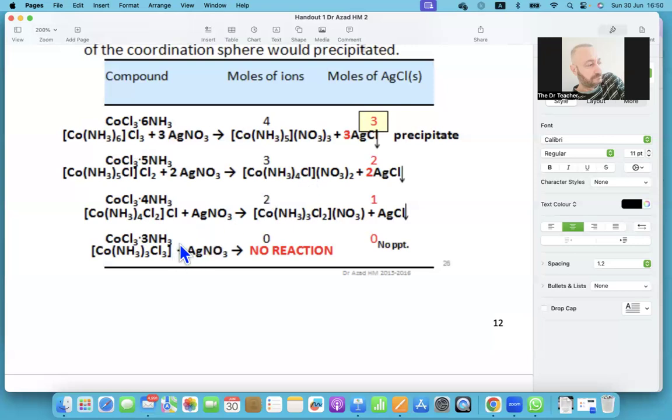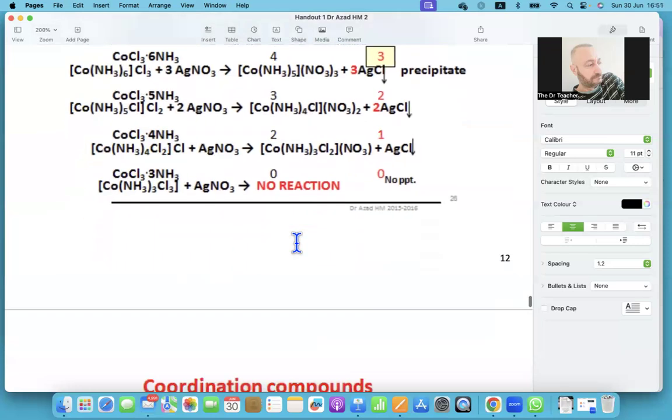Whereas there is nothing outside the brackets, all inside, they are all coordinated, with very strong bonds not to be broken by the silver nitrate, so there will be no reaction.